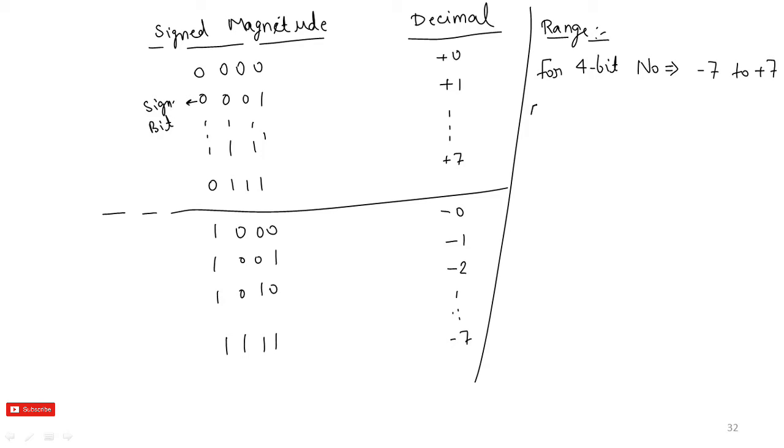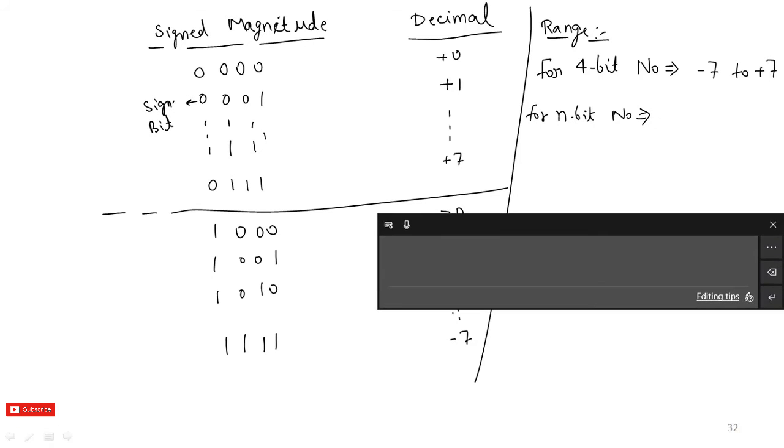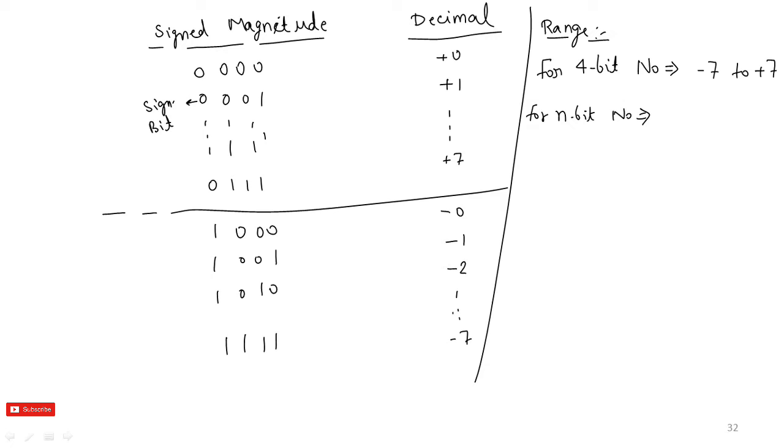For n-bit, it is minus 2 to the power n minus 1 to plus 2 to the power n minus 1. Okay.